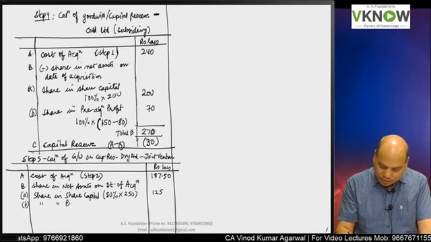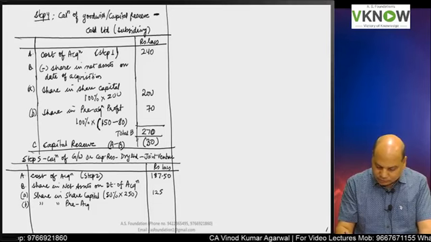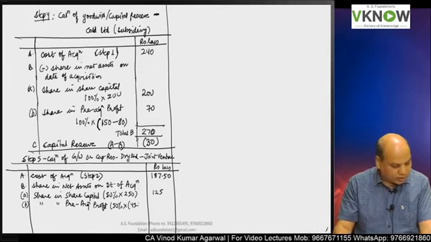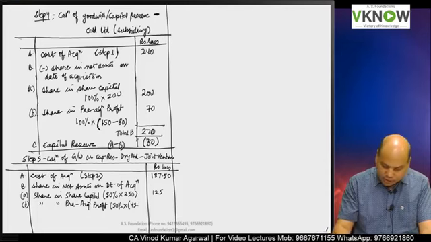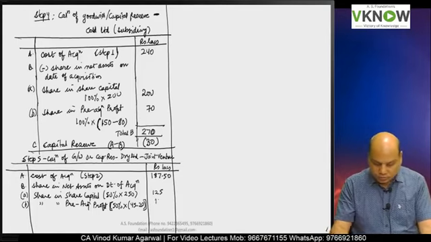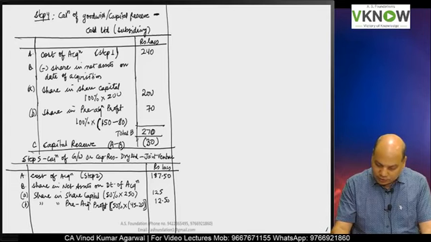Share in pre-acquisition profit, that is 50% of 45 minus current year profit 20. 50% of 25, 12.5.